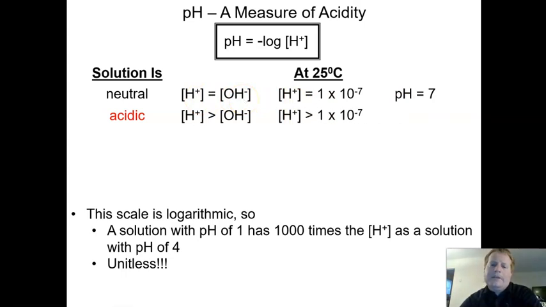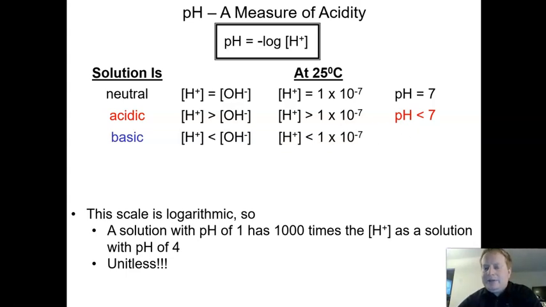If it's acidic, that means there's more H plus concentration, which means the H plus is greater than 1 times 10 to the negative 7, which means the pH is less than 7. They do the opposites pretty much. The greater the H plus there is, the lower the pH is. Okay, for something to be basic, that means the OH minus is winning, right? So H plus is less than OH minus.